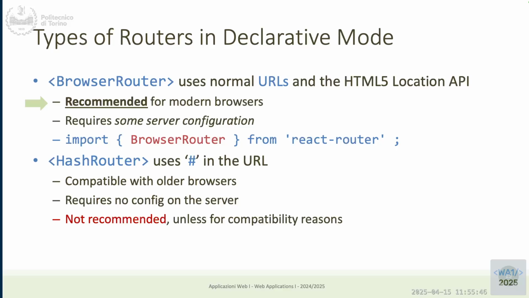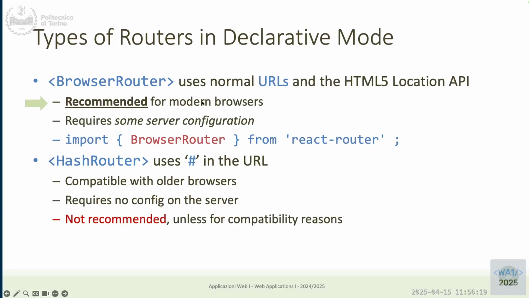So if you are publishing your website on a website where you don't have any control over the configuration, so you can play the trick that every URL always maps to index, then you must use this hash router. But otherwise, normally we use this browser router for all the other usages. And so it's more modern, and it's more compatible with the recent browsers.